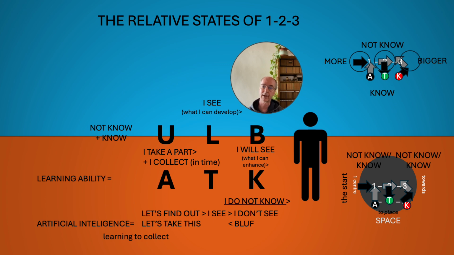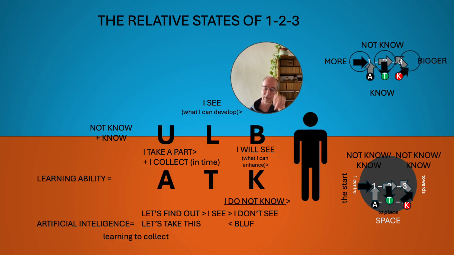And basically it is then that contradiction of knowing or thinking to know in A, recognizing in T, and no longer recognizing in K, which are related with that choice that you pick as starting points, which you have to see a little bit better. The real focus there, as you can see on top, is related with that part where you say, okay, there is a part that I do not know.